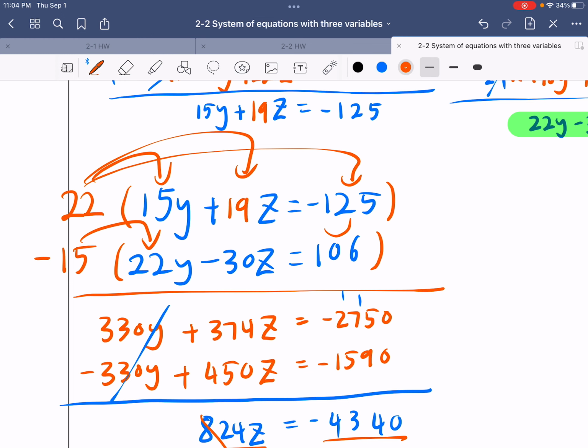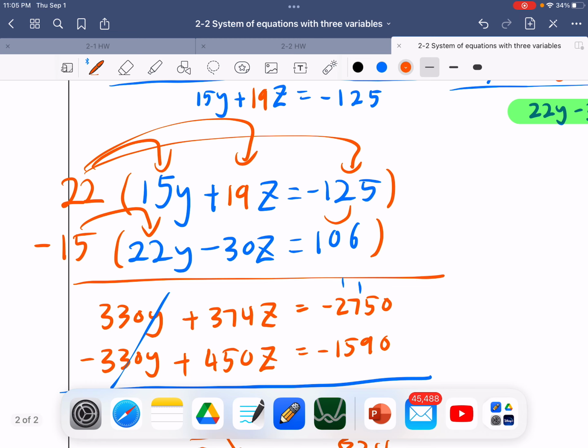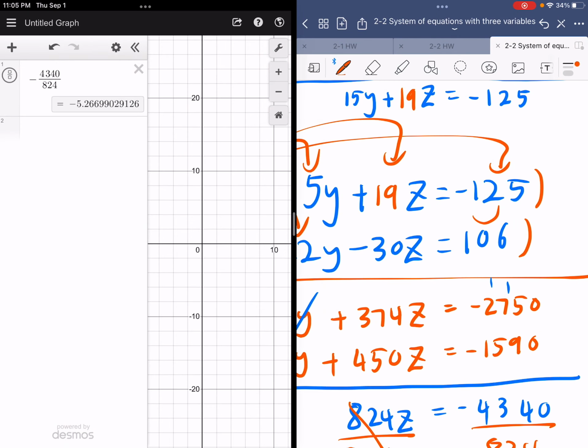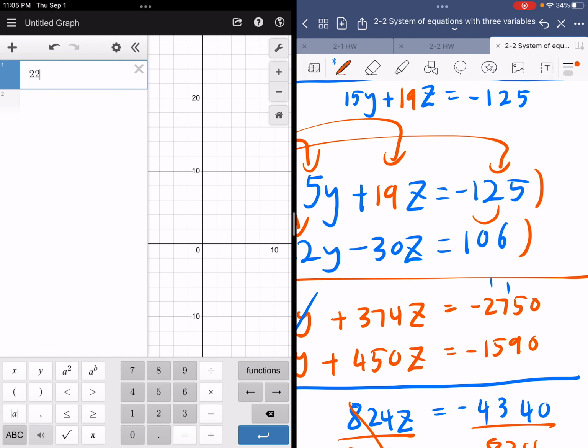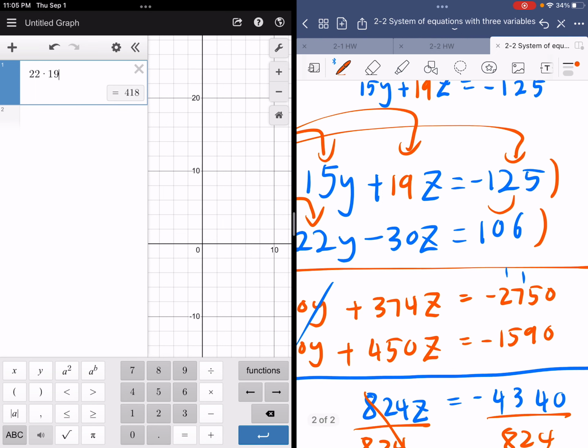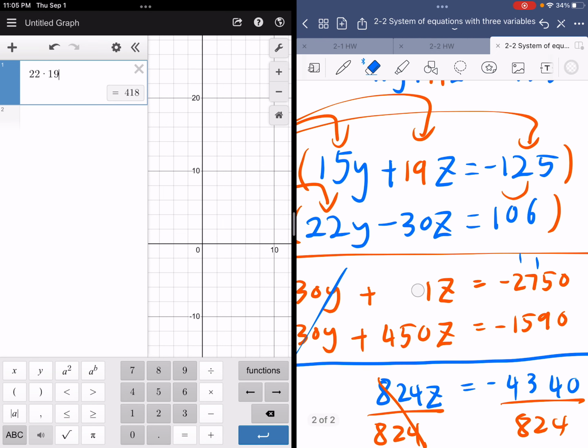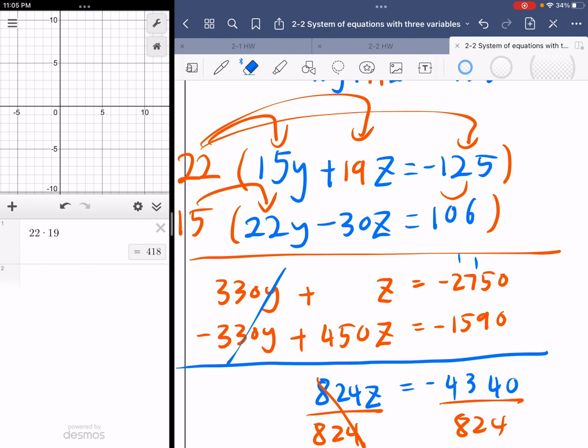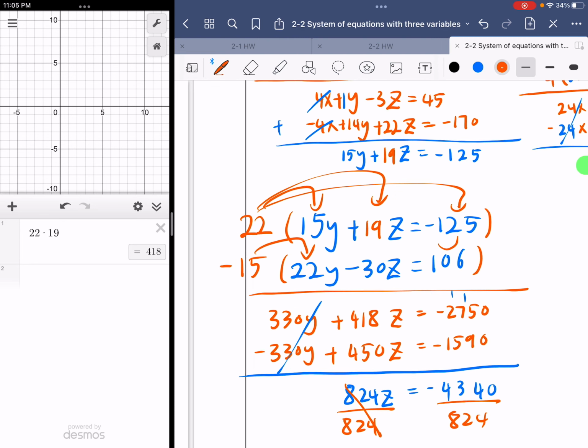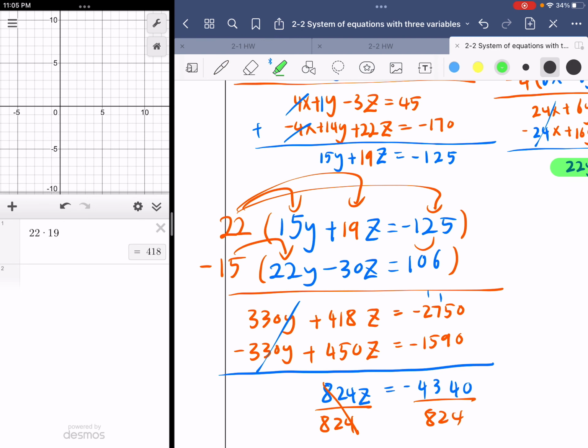So 22 times 19 should give you 418. So that should be 418. So do you see? Here, negative 3 plus 22 should give you plus 19.